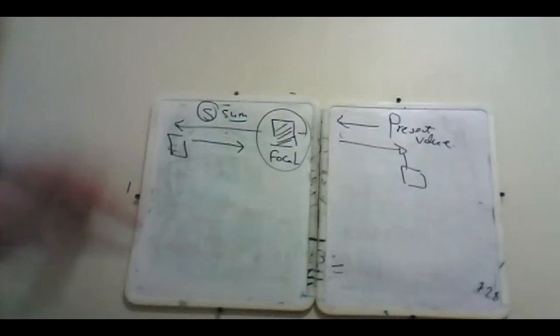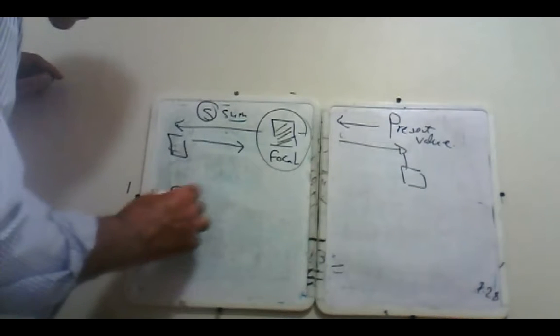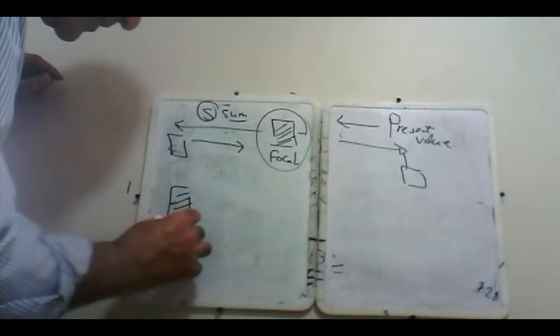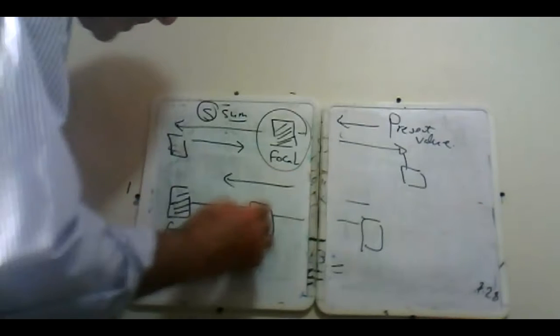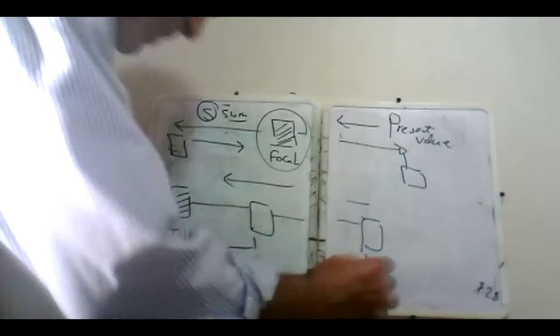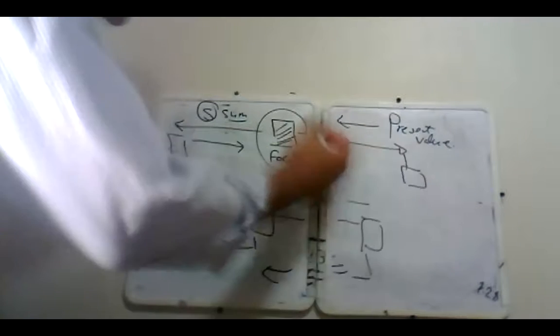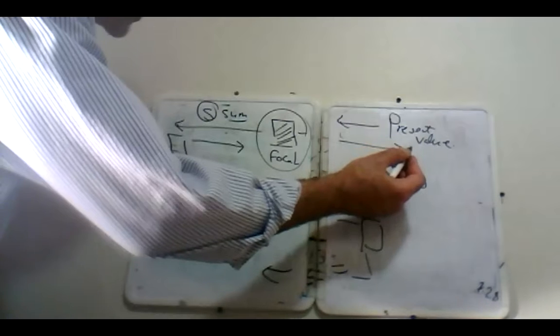And this is the idea. Before this, the focal date was here and we have two amounts. That's why we return back for both of them. When we return back, like you see here, we get the present value.